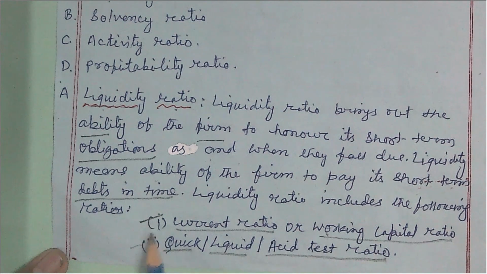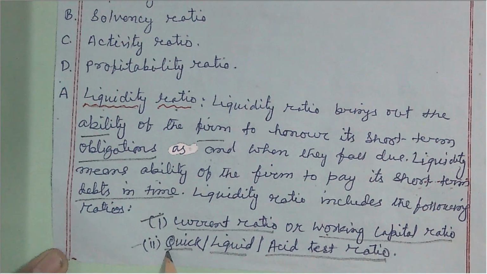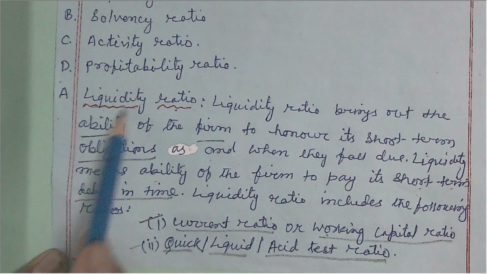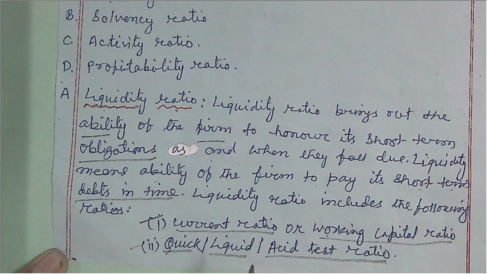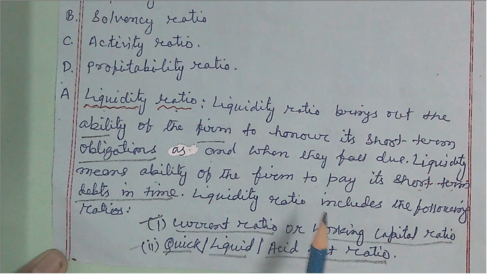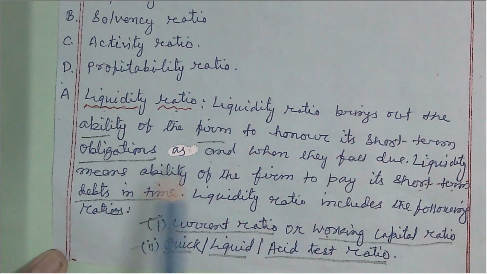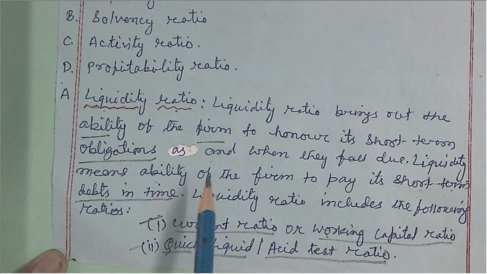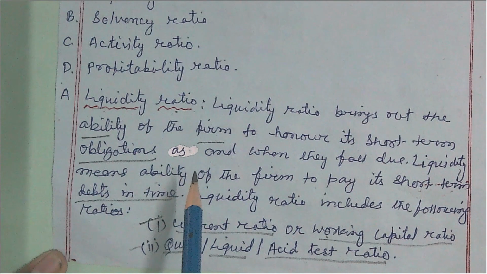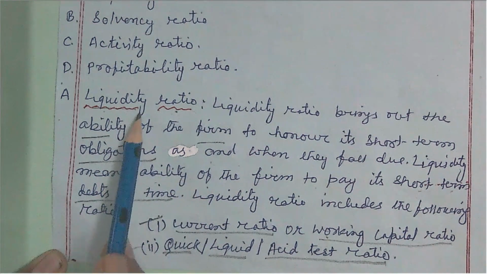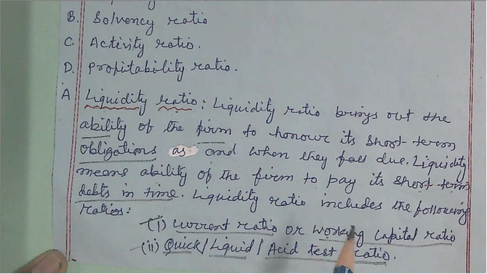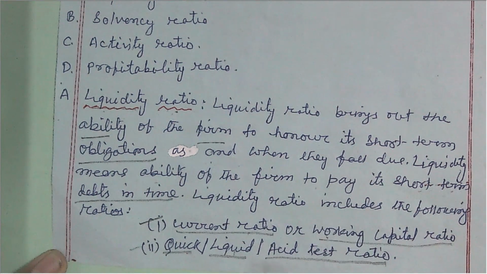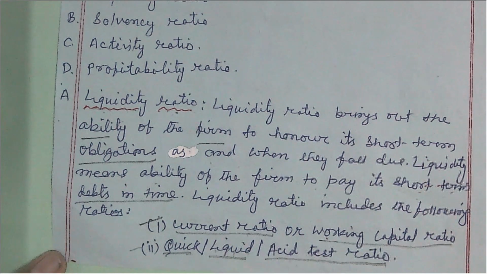So these two ratios are calculated to know about the liquidity position of the firm. So what are the two ratios we calculate under liquidity ratio? Current ratio and liquid ratio, quick ratio or acid test ratio. These two ratios we calculate.